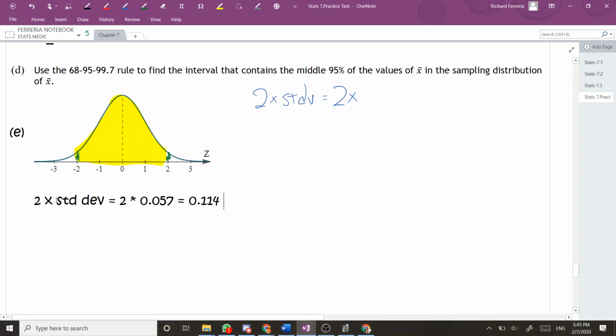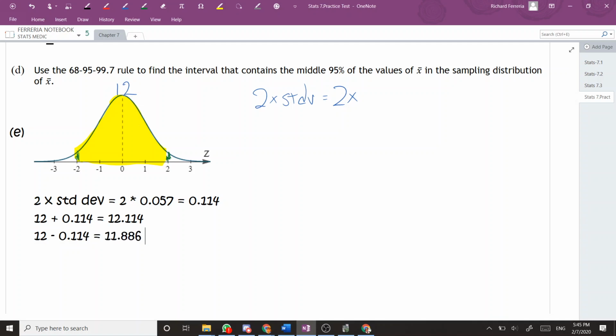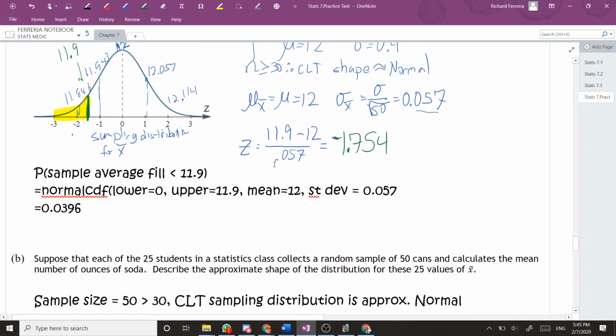Okay, 0.114. So if we do 12 plus 0.114, and then 12 minus 0.114, it's 11.886. So we could put that here, 12.114 and 11.886, which reminds me that I think we did that already. Yep, there it is, 12.114 and 11.886.